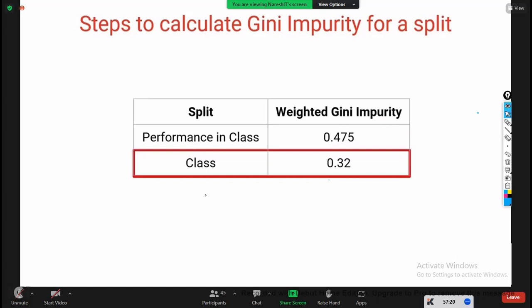Answer: we calculate the Gini impurity of all the variables, and whichever variable has the lowest Gini impurity will be considered as the root node.